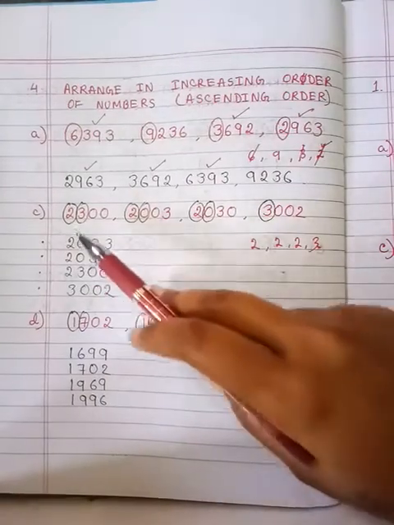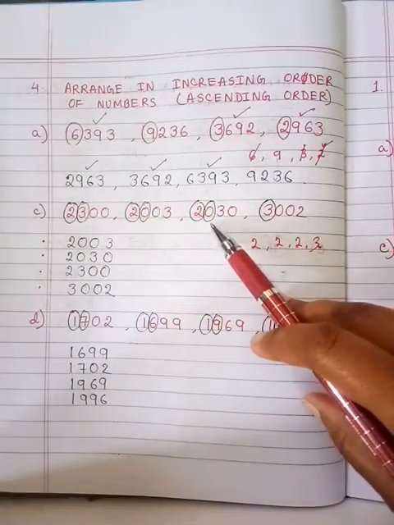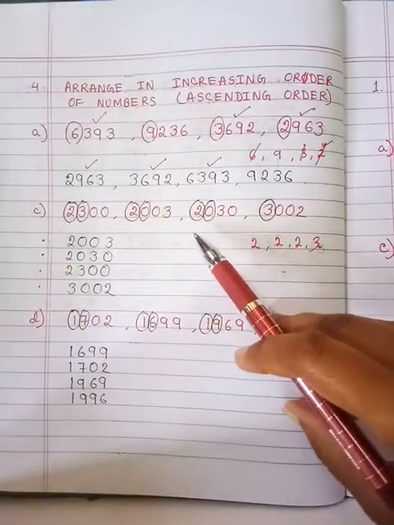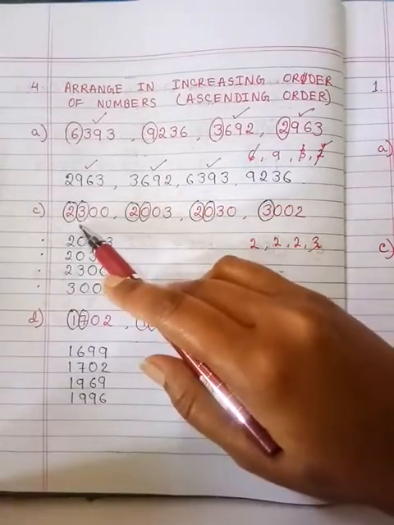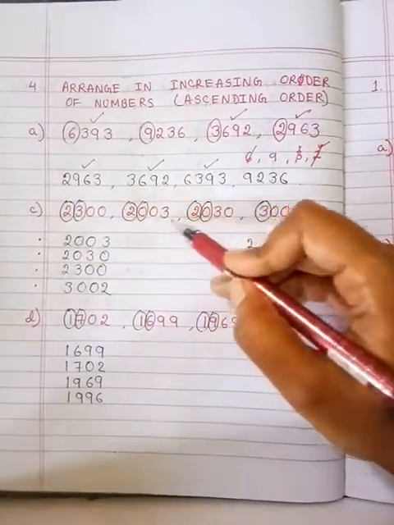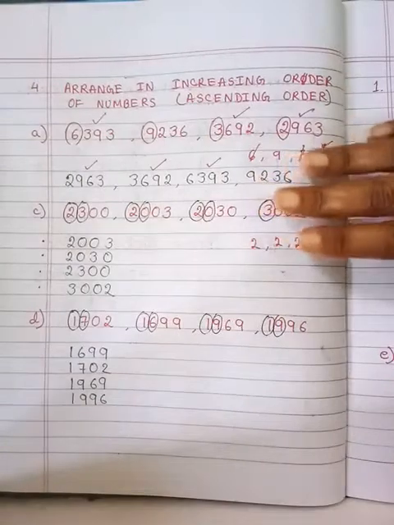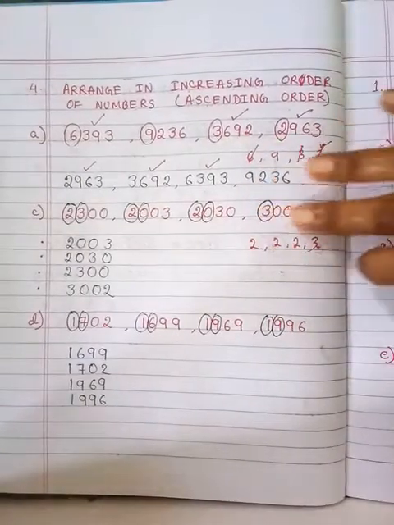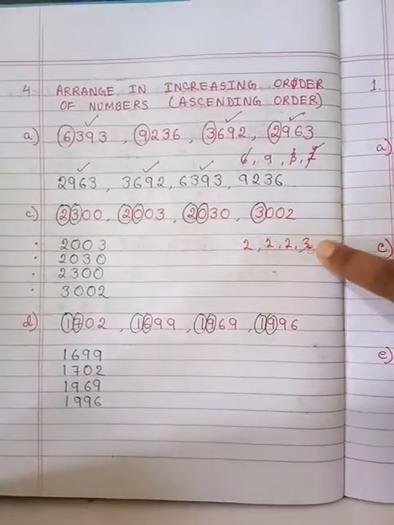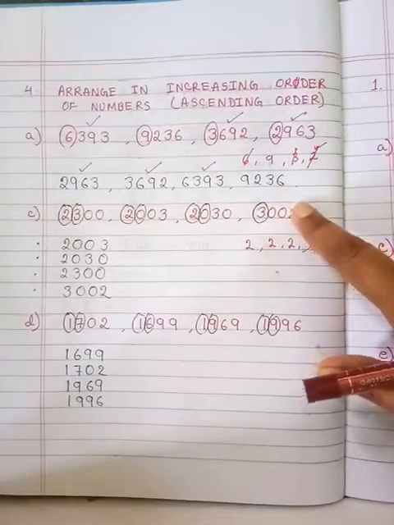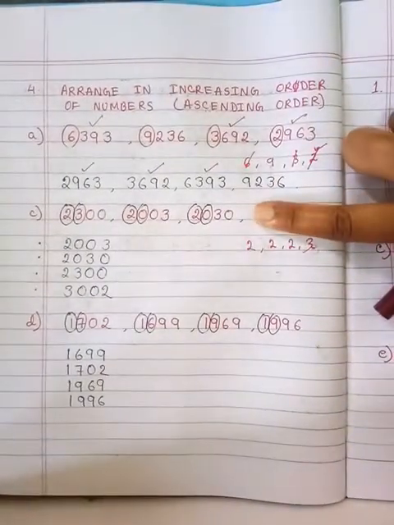But we have 3 numbers whose first digit is 2. Now we have to compare these 3 numbers. 3002. 3 is the highest number. That means it will be the greatest number.